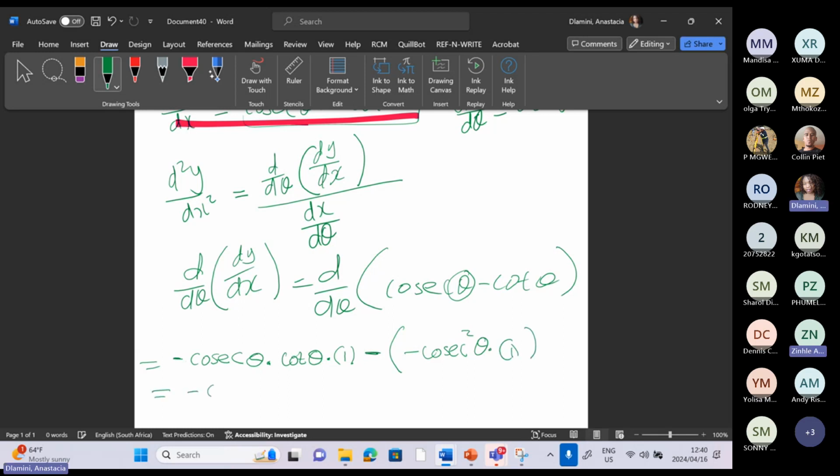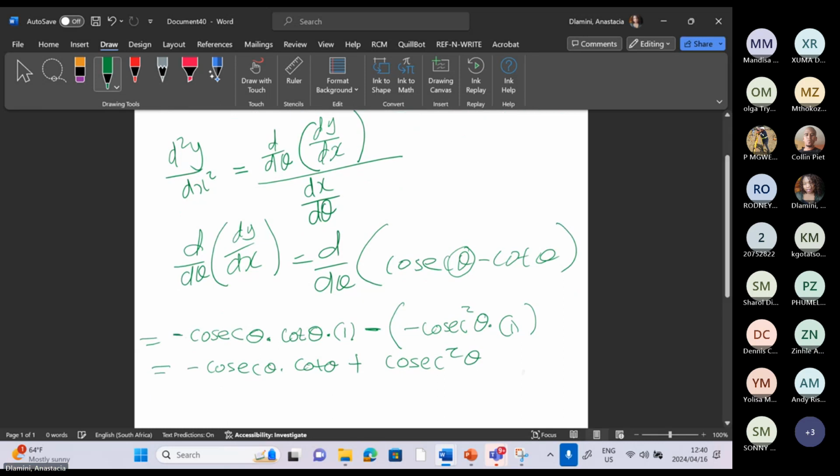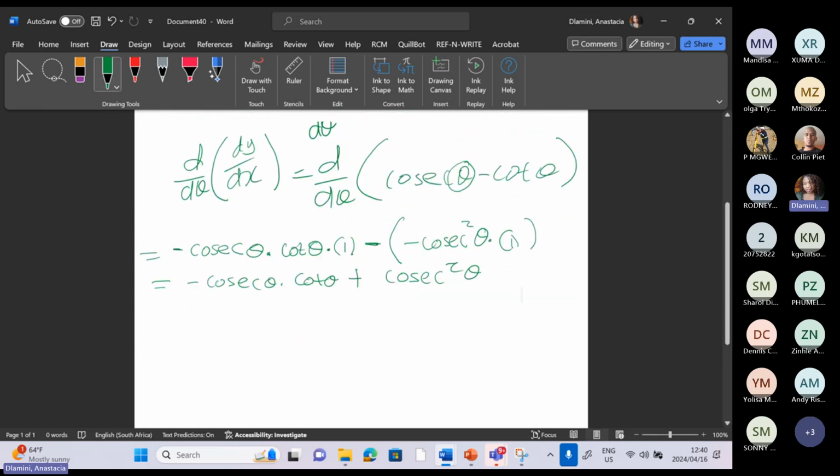So minus cosec of theta times cot of theta plus cosec squared theta.